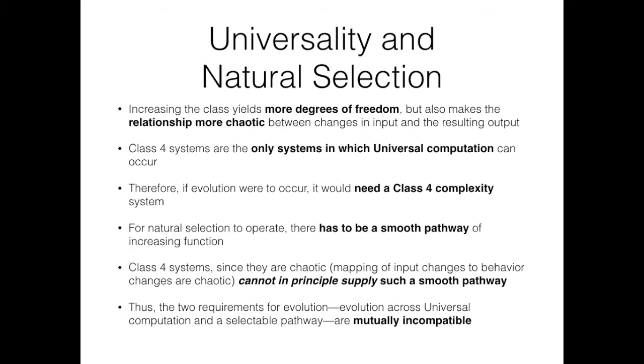However, class 4 systems, since they're chaotic, since the changes in input have an asymmetric relationship to the change in output, they cannot, in principle, provide such a pathway. It is not possible, in principle, for them to provide a selectable pathway through this area.